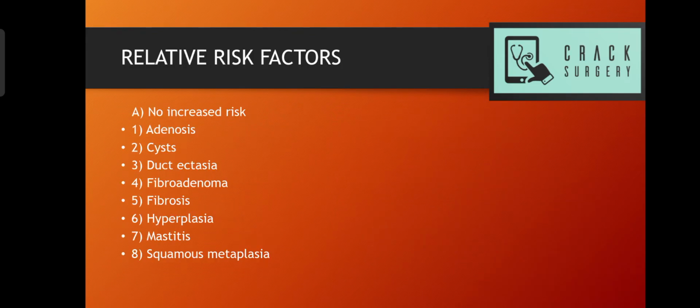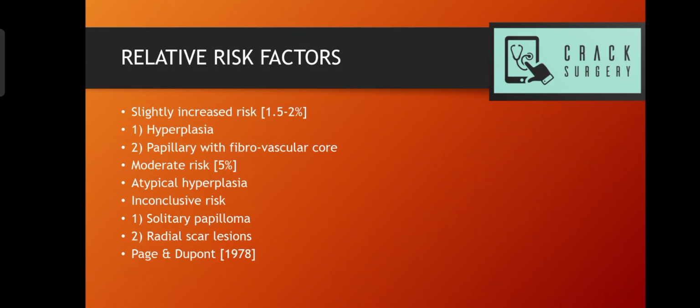Relative risk factors for CA breast: there is no risk in adenosis, cyst formation, duct ectasia, fibroadenoma, fibrosis, hyperplasia, mastitis, squamous metaplasia. There is a slight risk of CA, that is 1.5 to 2%, in hyperplasia or papilloma with fibrovascular core.